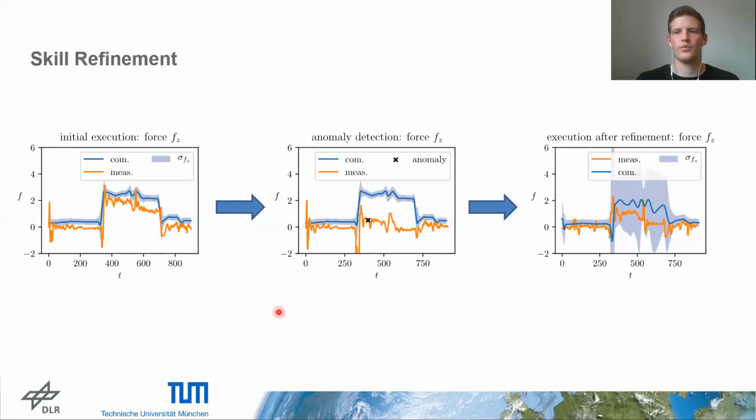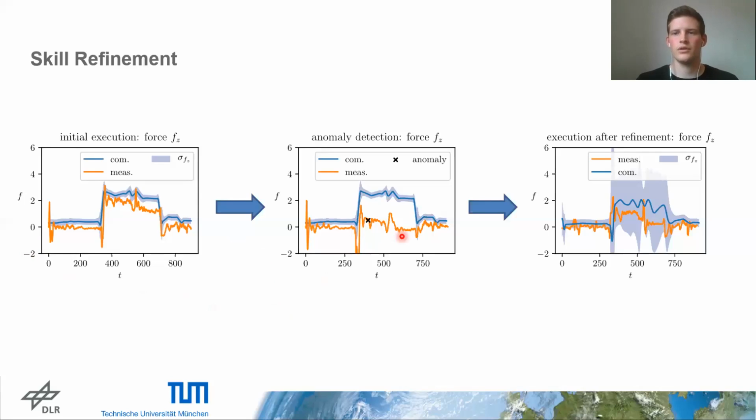Imagine we want to program a task where the robot sorts different objects simply based on their geometry. Here you can see the expected force values for that sorting task. In case the robot now picks up an object with a different weight, the robot will detect a force anomaly.